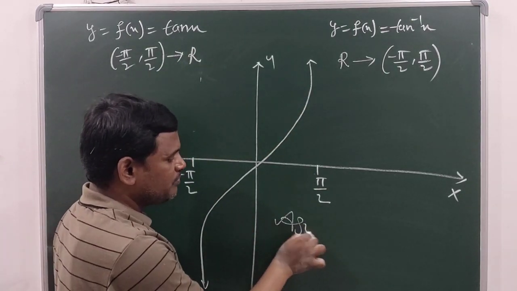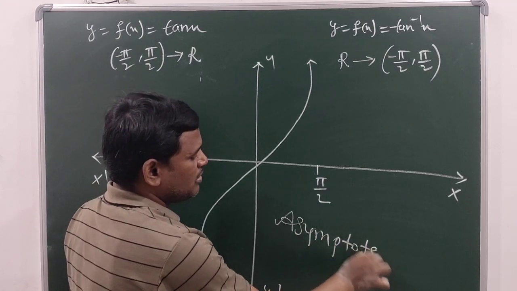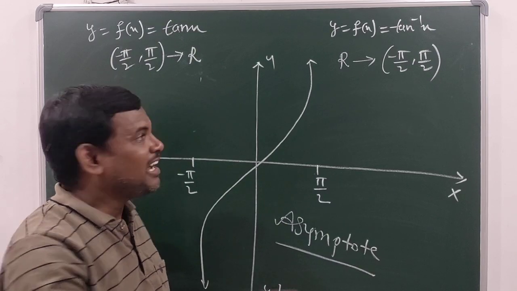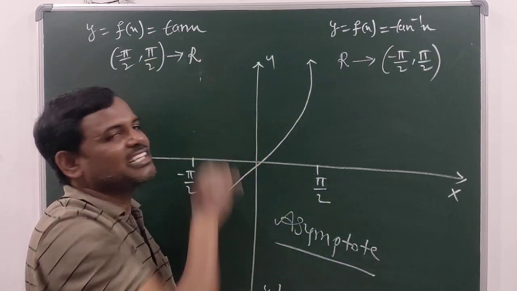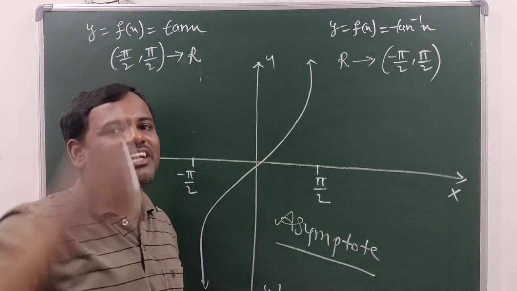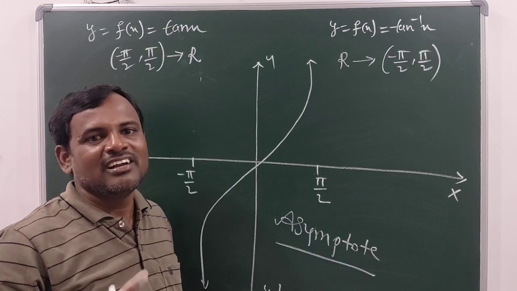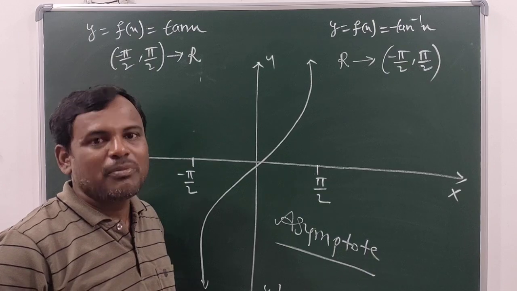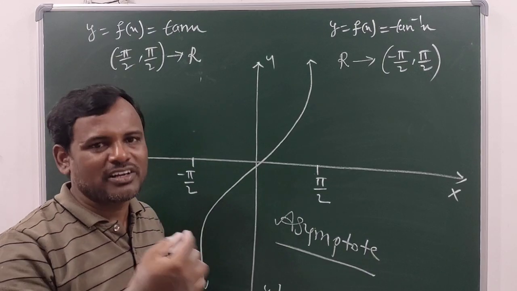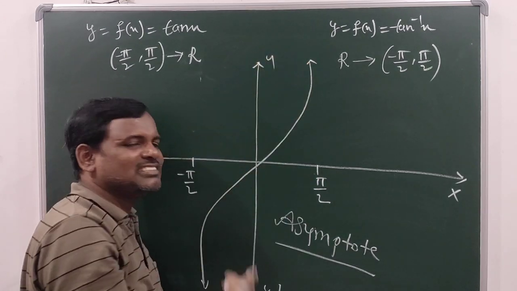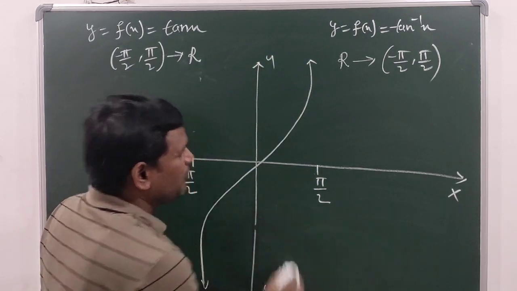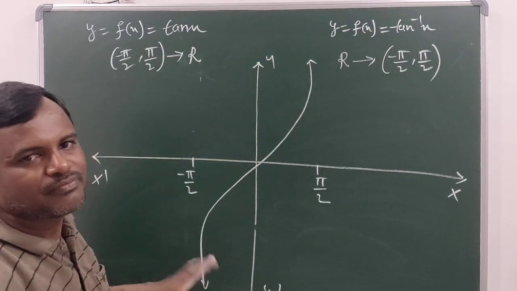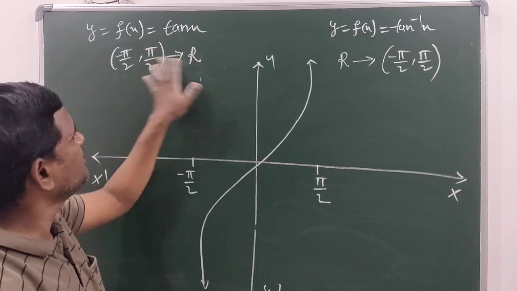An asymptote is a line that is actually tangent to this curve, but where it touches the curve, we don't know. We people can't recognize the point of contact, hence we say the tangent as asymptote. So if you draw vertical lines x equal to 90 and x equal to minus 90, they should not touch this curve. This is the graph of tan x in this interval.